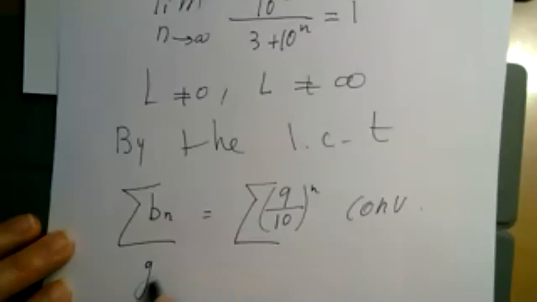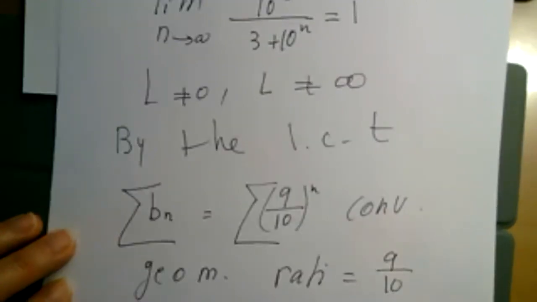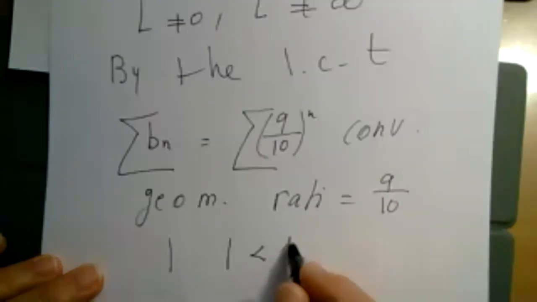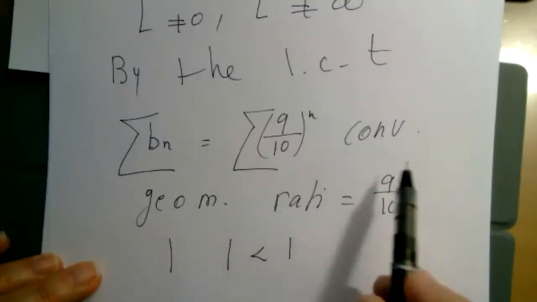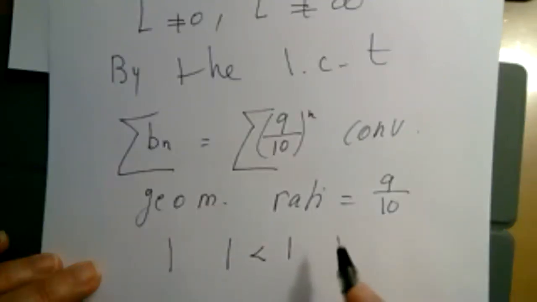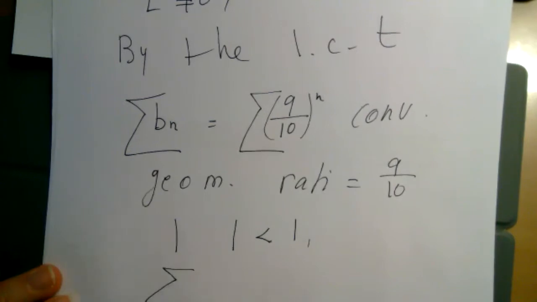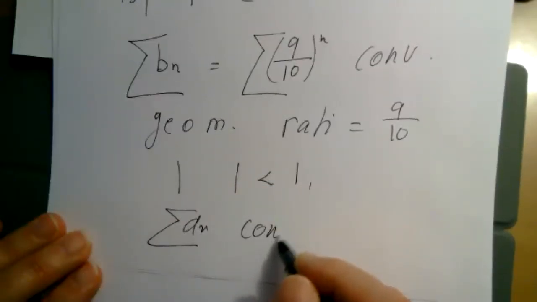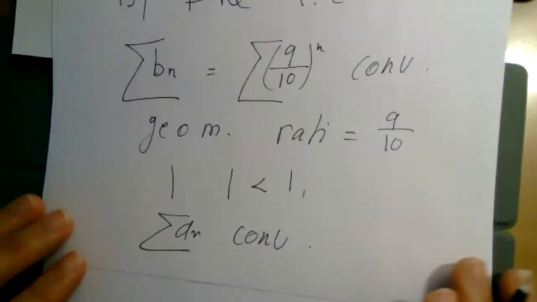That's a geometric series where the ratio is 9/10. So my ratio is less than 1. So that's a geometric series with ratio less than 1. That's why it converges. So by the limit comparison, my original series, sigma an, also converges. Okay? Questions before I go on?